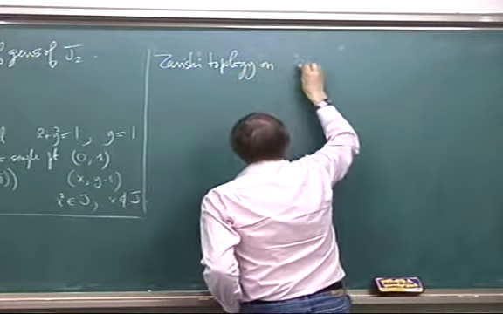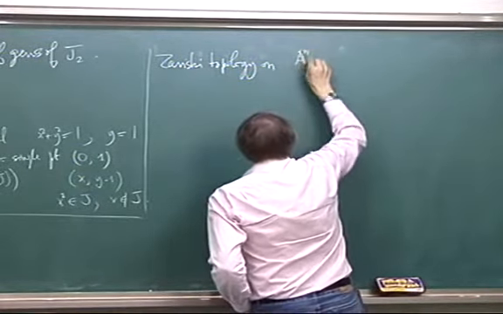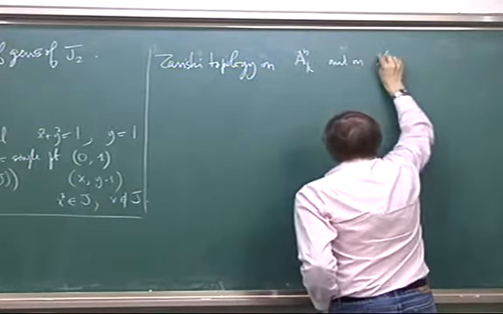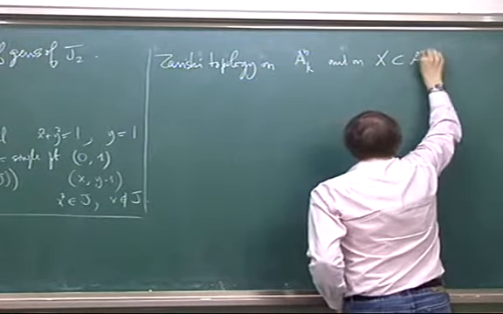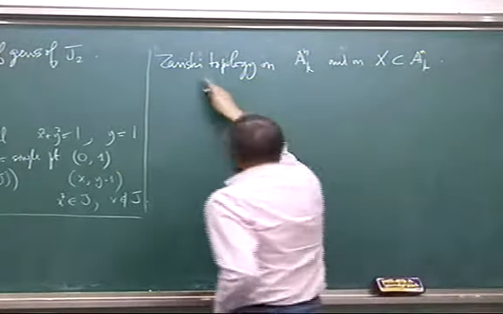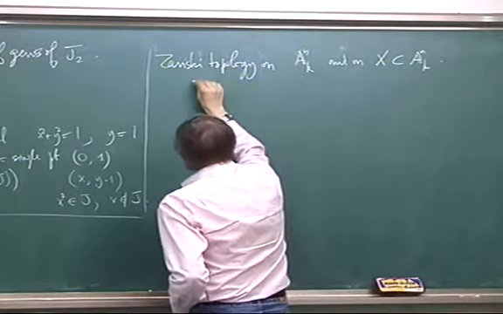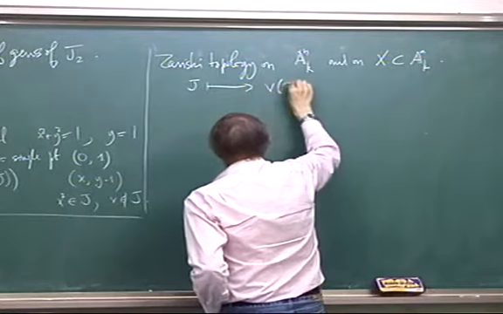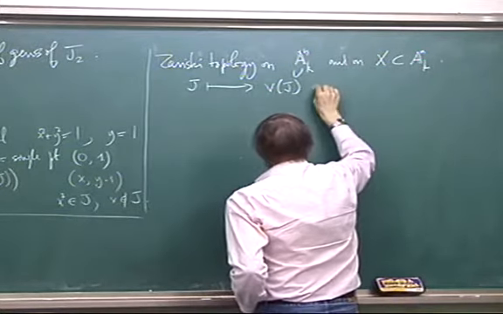On A^n, K, and on X in A^n, K. Remember, here I say, given an ideal J, I go forwards to V of J in there, and this is an algebraic set.